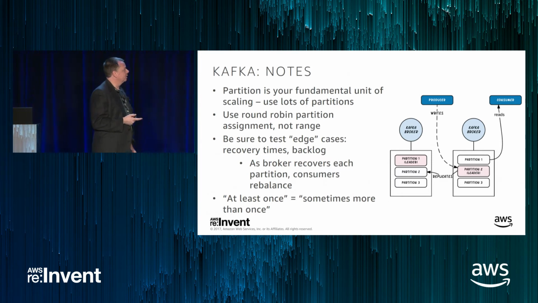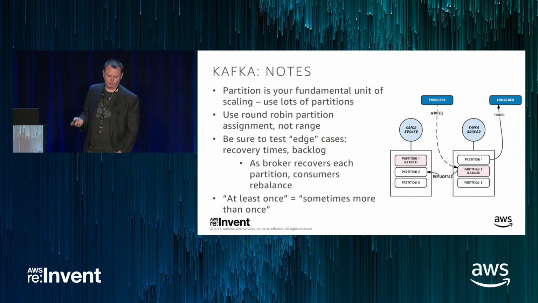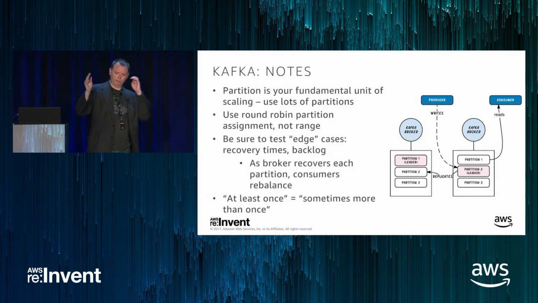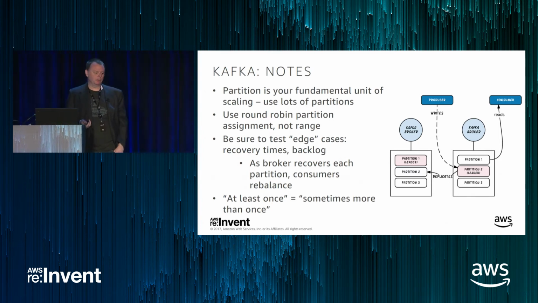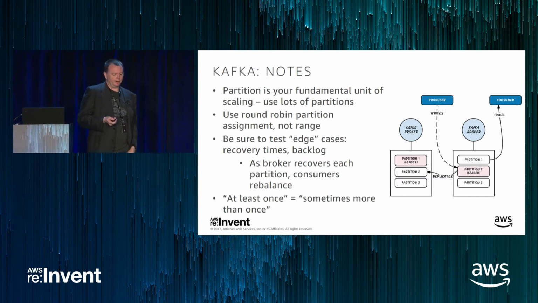Something to consider is the partition assignment strategy. The default partition assignment strategy in Kafka is still the range assignment. If you have consumers that are reading multiple topics, like one engine, for instance, in our model, that's consuming several topics, the round robin partition assignment is what you want rather than range, just for scaling reasons.